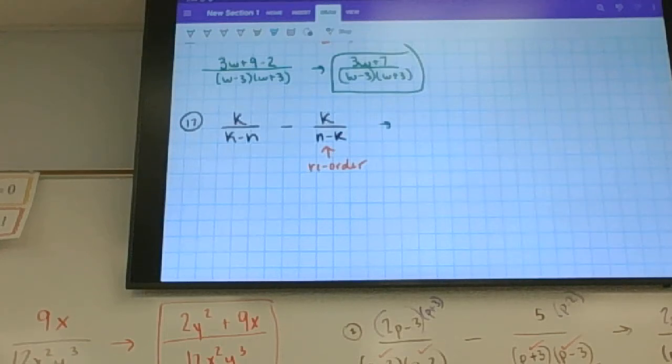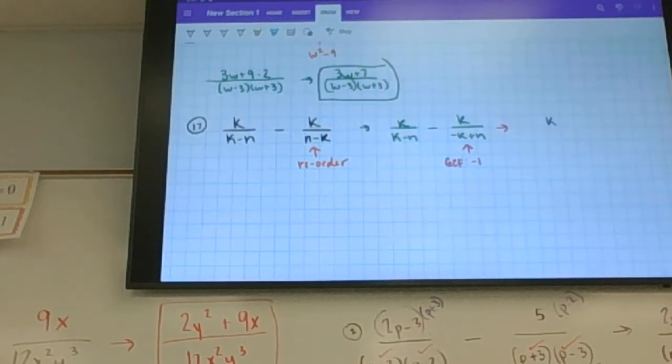So I'm gonna rewrite it. Negative K plus N. I haven't changed anything. I just put the K to the front and to the back. And then I'm going to take out a greatest common factor, -1.